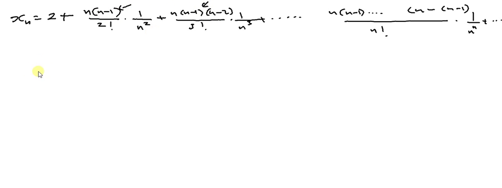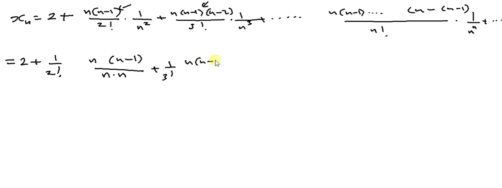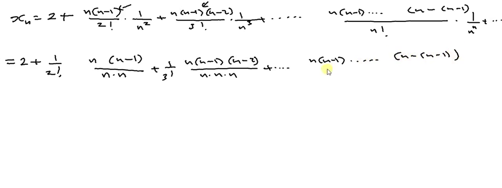So this is equal to 2 plus 1 by 2 factorial times (n minus 1) over n, plus 1 by 3 factorial times n times (n minus 1) times (n minus 2) over n times n, plus etc. The general term is n times (n minus 1) times etc. times (n minus (n minus 1)) over n times up to n, plus etc.